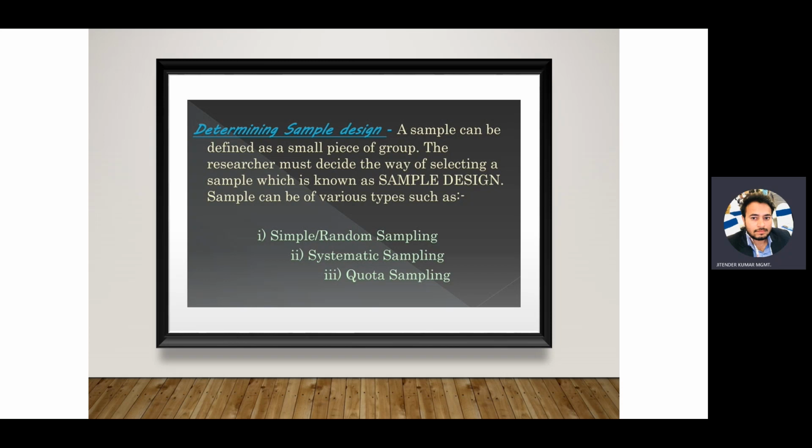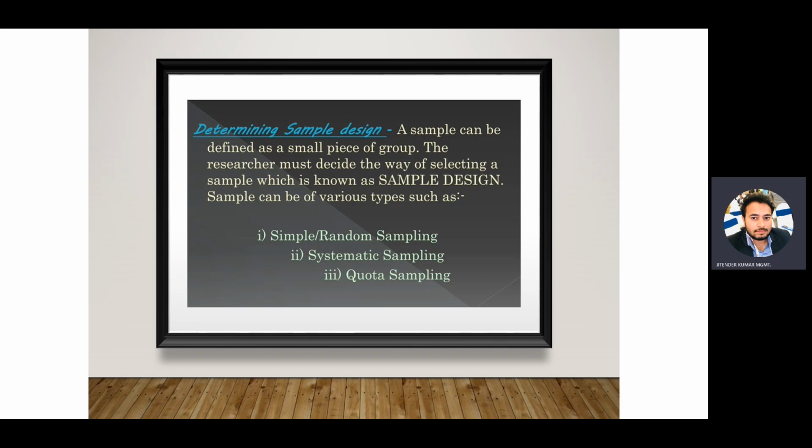In systematic sampling, we define some number. You are picking the people in the odd number, the even number, or on the basis of gender, qualification, or earning. So this is your systematic sampling.